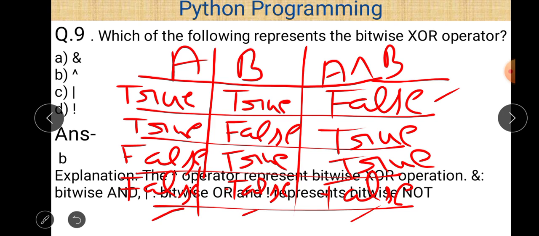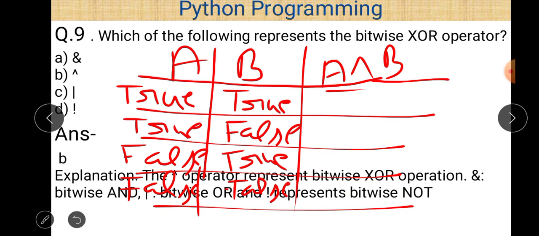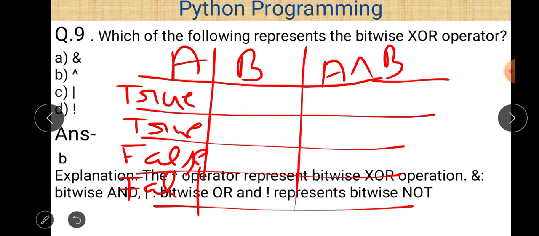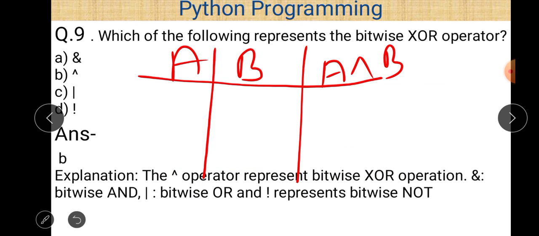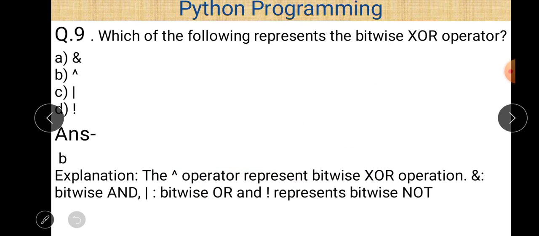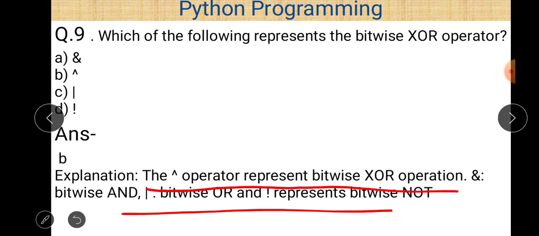That is the definition of the XOR operator, and we can represent the XOR operator by this sign. I think it is clear to all of you. You can see the explanation, and other operators are also given, as this is bitwise NOT.